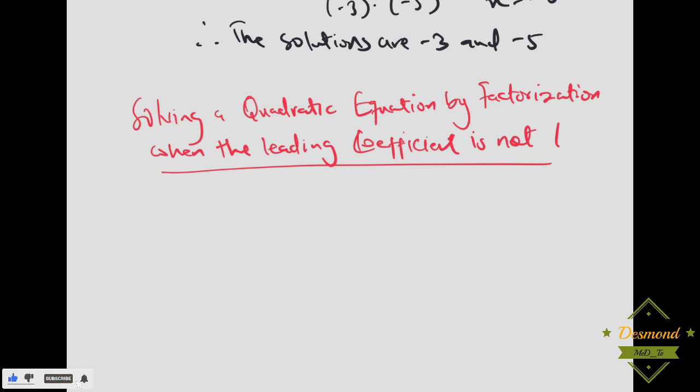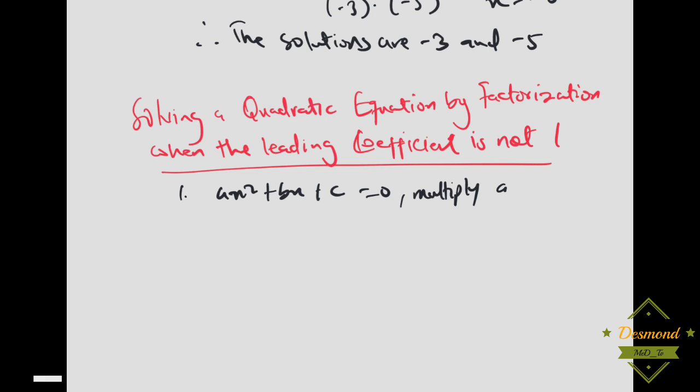I'll just go through it by talking about it. The first thing we need to do with the quadratic equation in the form ax squared plus bx plus c equals 0 is to multiply a times c.